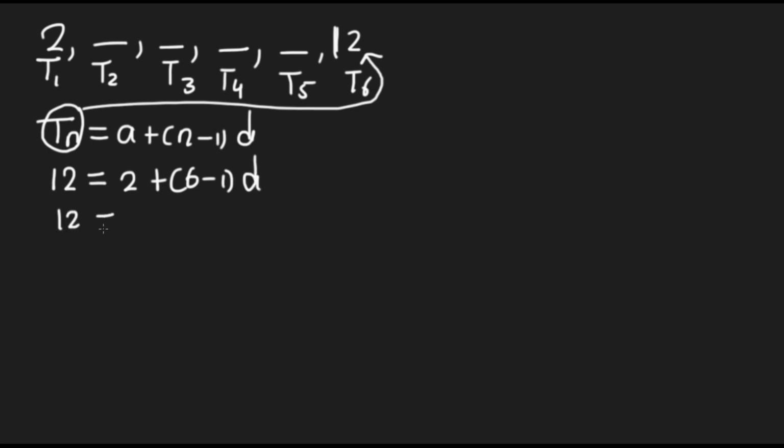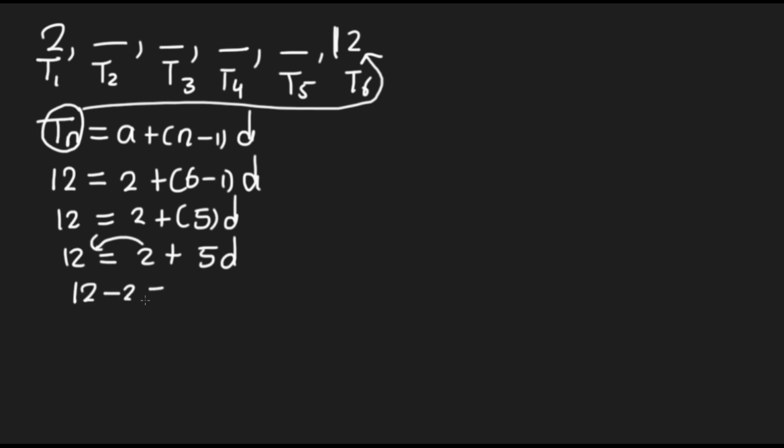So we have 12 is equal to 2 plus 6 minus 1, which is 5. So 12 is equal to 2 plus 5 times D, which is 5D. If I shift my positive 2 to the left side, I'm going to have 12 minus 2 is 10, which is equal to 5D.